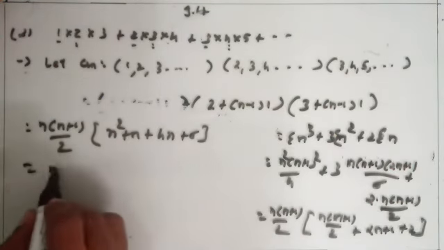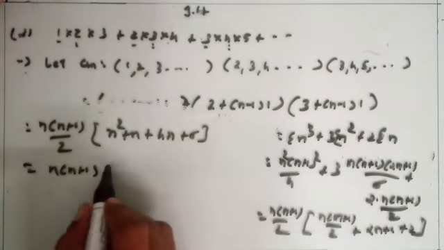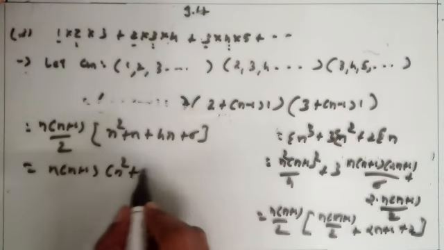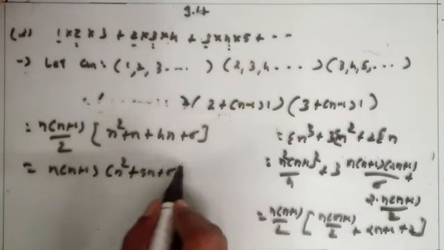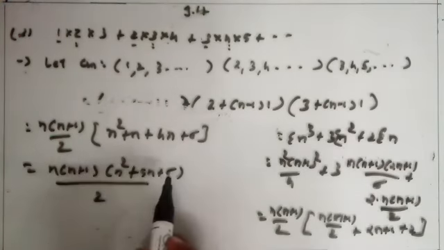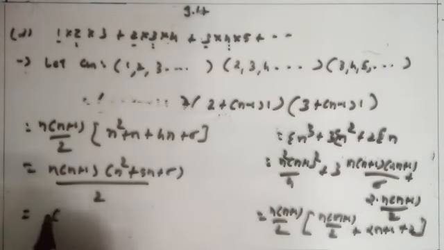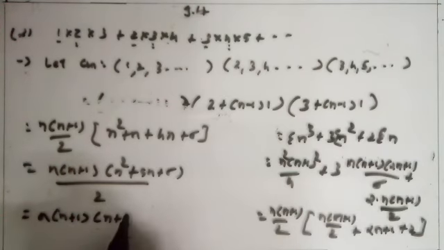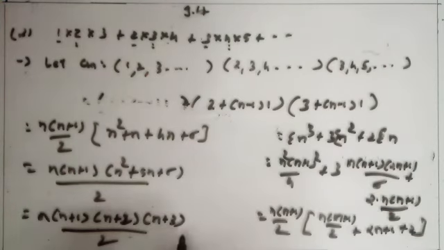So it is equal to n(n+1)(n square plus 5n plus 6)/2. Clear? Okay, answer. Or get it in factor form: 6 divided as 3 into 2, sum becomes 5. So we get n(n+1)(n+2)(n+3)/2. Clear? Answer.